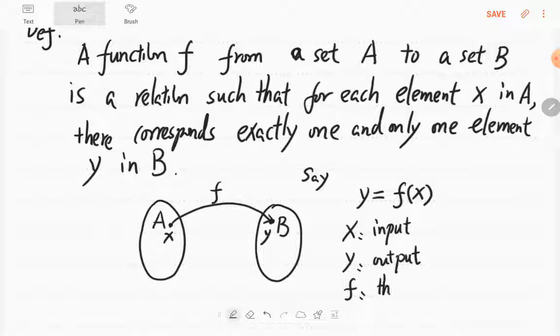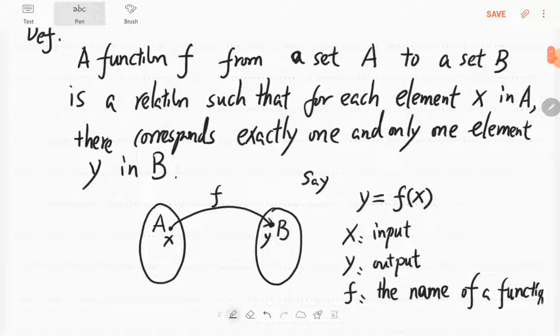The name f is just a name. F could be g, h, k, any letter. It is a name of a function.